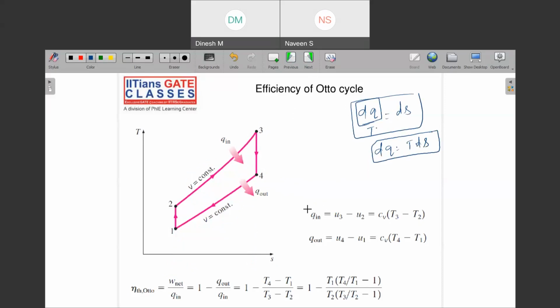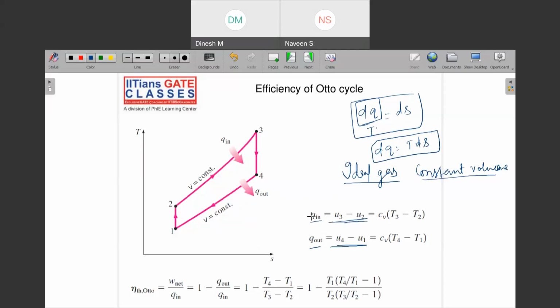And if you are working with an ideal gas at constant volume, then what is the heat addition and heat rejection? If you remember, this is nothing but the change in internal energy.